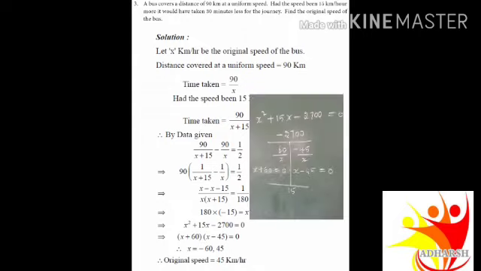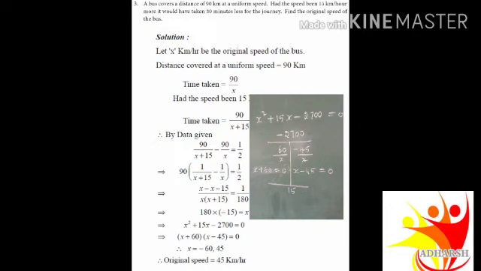Solve by any one method. Now we will use the factorization method. Multiply any two numbers so that we get minus 2700, and the same numbers added or subtracted give plus 15.